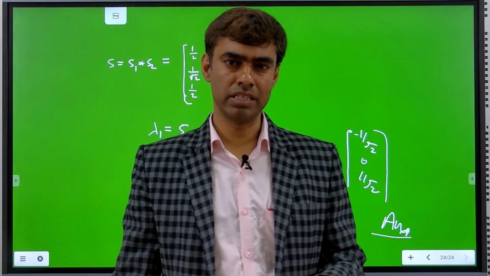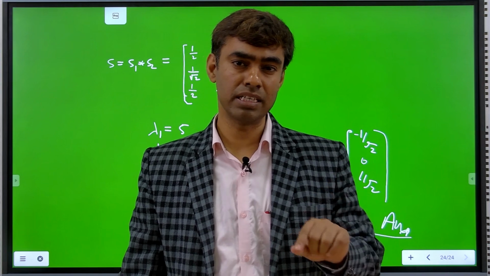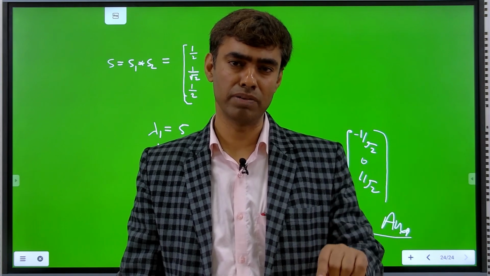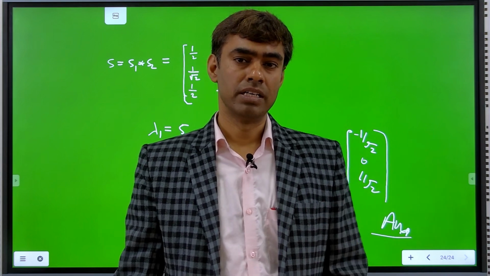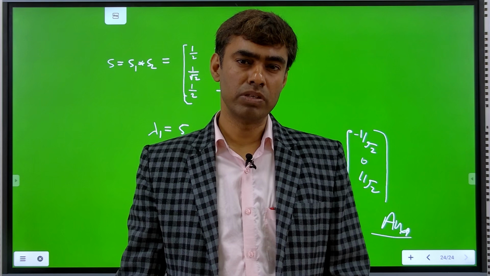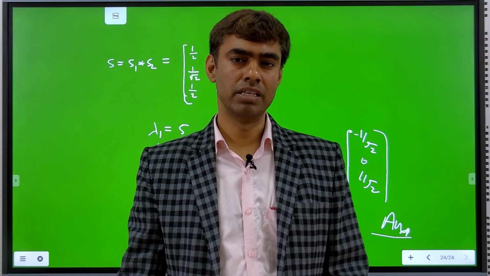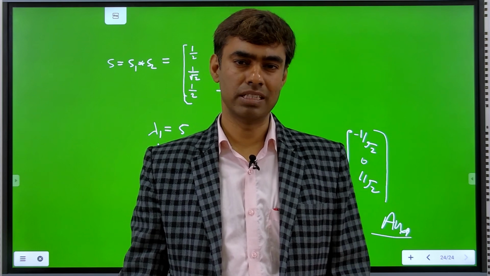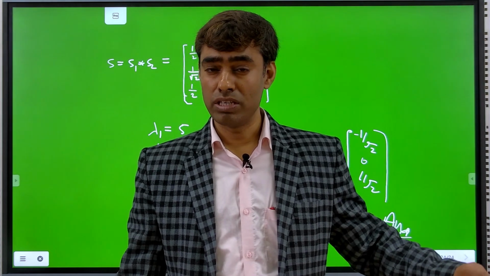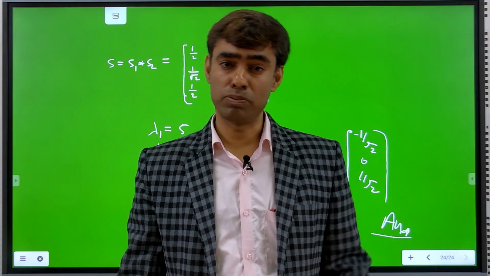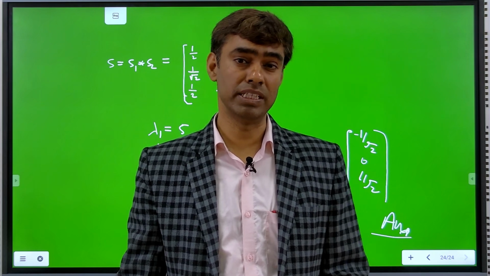If it is not, then again in B1 we choose the numerically largest element, find the value of theta, find another transformation matrix S2, and perform the similarity transformation B2 equals S2 inverse B1 S2. If the matrix is diagonal, we stop the procedure; if not, we repeat this procedure until we get a diagonal matrix.